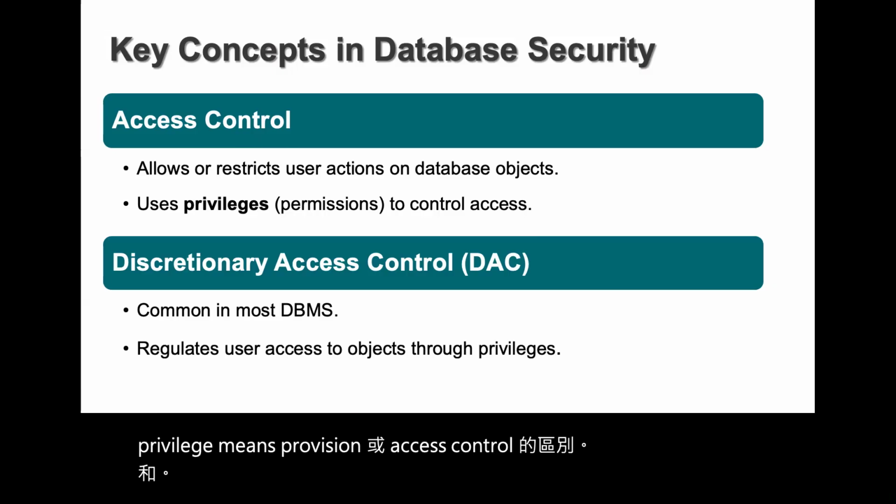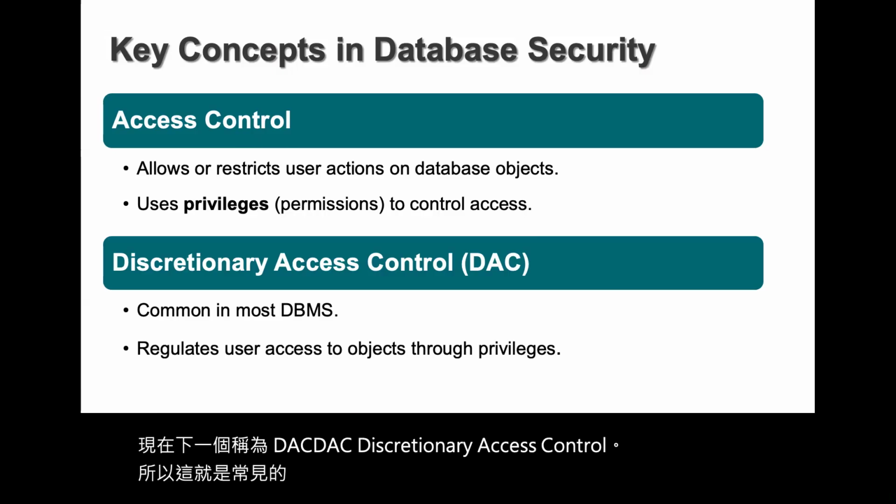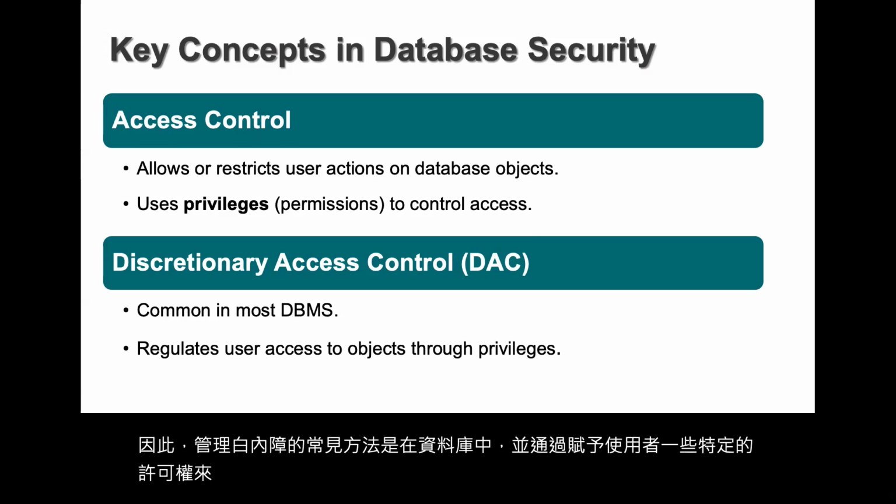Now the next one is called DAC. DAC is discretionary access control. It's a common way to manage access control in a database. It works by giving users specific privileges to access or modify certain parts of the database.